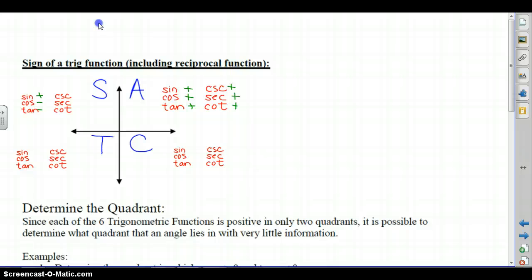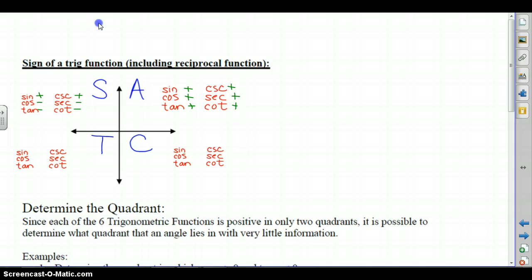If I take a number like negative 1/2 and I invert it or reciprocate it, is it still negative? So any number that was negative will stay negative, and any number that was positive will stay positive. So that S now stands for, in quadrant 2, sine and its reciprocal will be positive. Everything else will be negative.